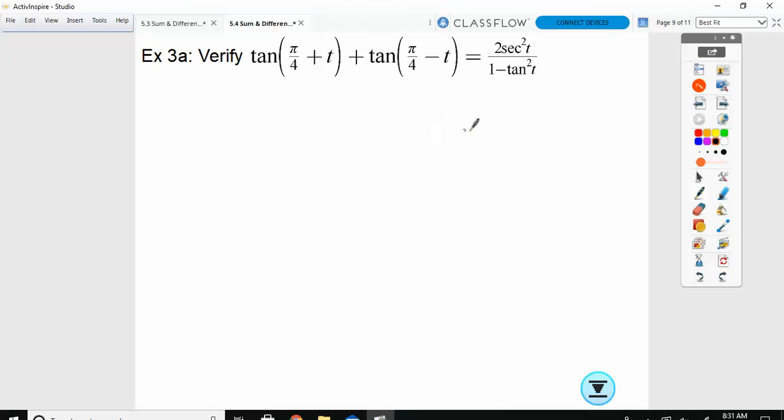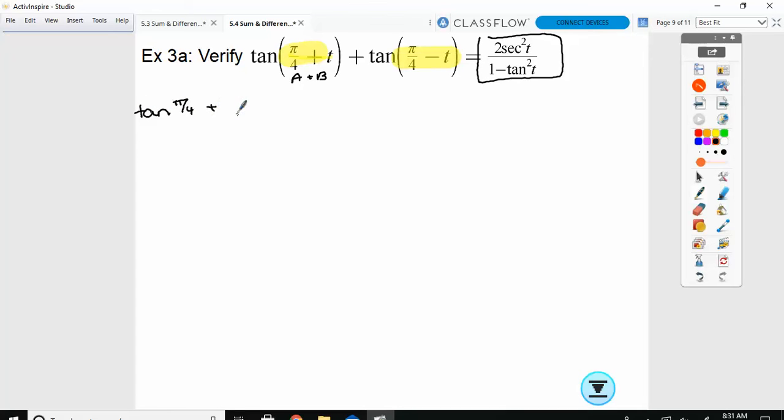Yeah, they're both kind of ugly, aren't they? When we do proofs with these, anytime you have angles that are adding or subtracting, so when I have tangent of something plus something, I would work that side because we have formulas to expand it. So that would probably be the easier option. So I'm going to box this in. Now we may have to end up working both sides because they both look pretty ugly, but we'll see where we get to. So this would be tangent of A plus B.